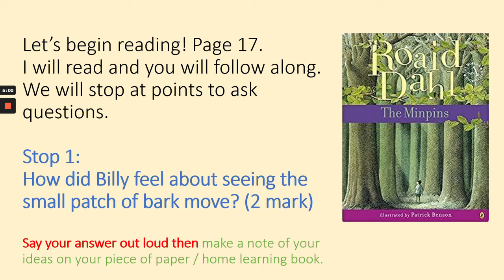It was a very small patch, about the size of a postage stamp, and the two sides of it seemed to be splitting down the middle and opening slowly outwards like a pair of shutters on some tiny window. Little Billy sat staring at this extraordinary thing.